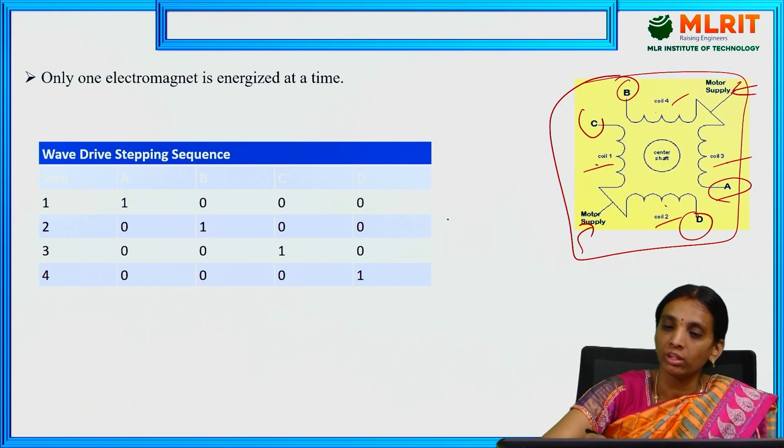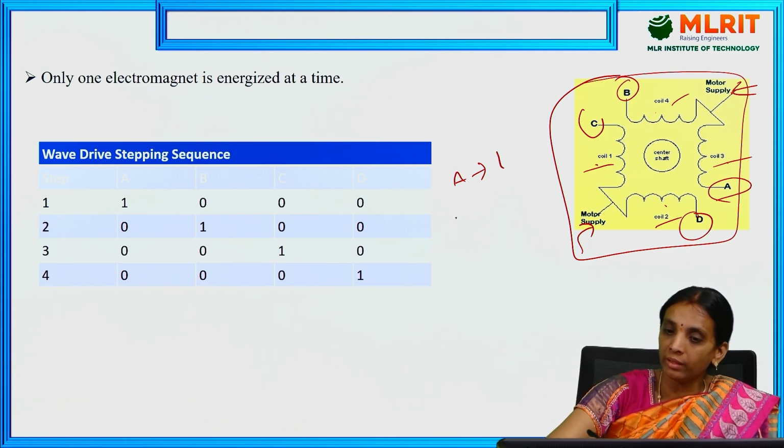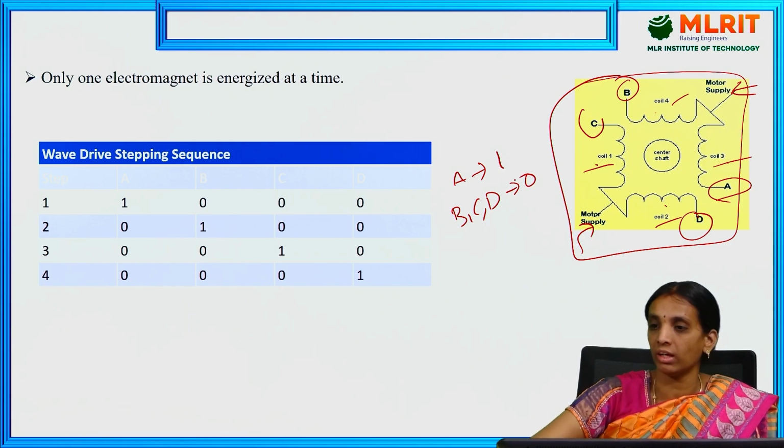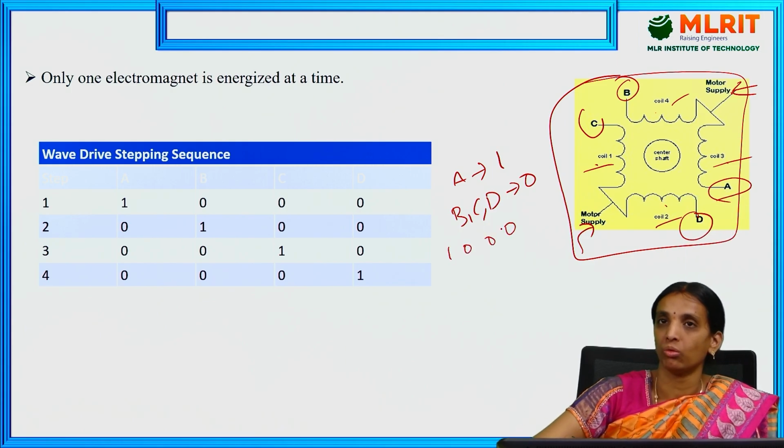If A winding is energized, it is indicated by logic 1, and the remaining windings will be at 0 level. If the supply is provided to A winding, then only A winding will be active and the remaining will all be 0.